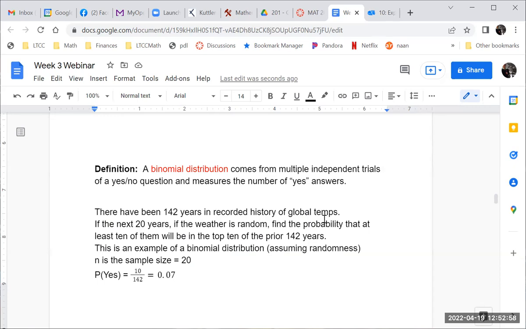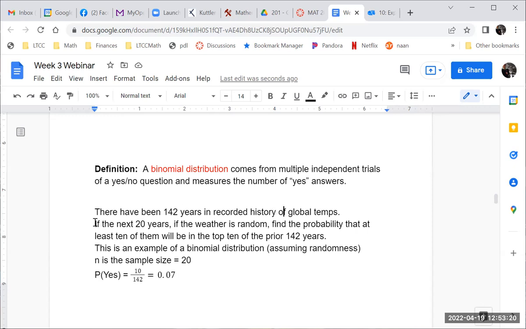I spent some time researching that. I don't know about you all, but I care about climate change. So I've done a lot of research on it, not that I can change the whole world, but I can do my little piece. And part of that is teaching you guys. And 142 years is what we've got in terms of recorded history.